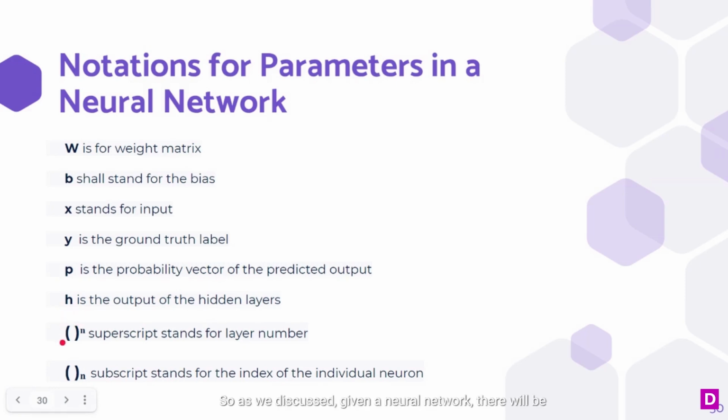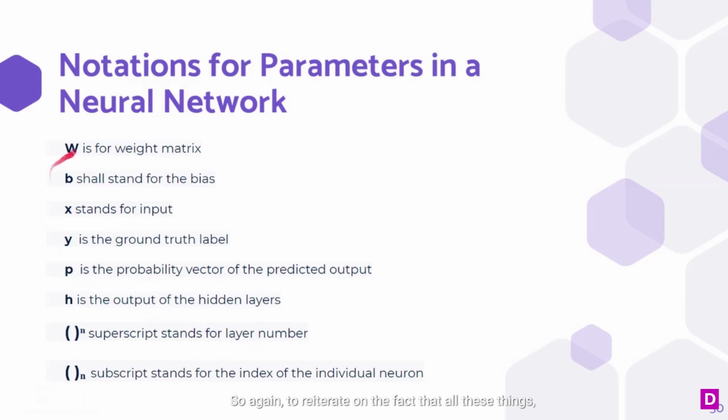As we discussed, given a neural network, there will be an input layer, an output layer, and in between them a number of hidden layers. The output of those hidden layers, individually or collectively, is represented by the letter H.